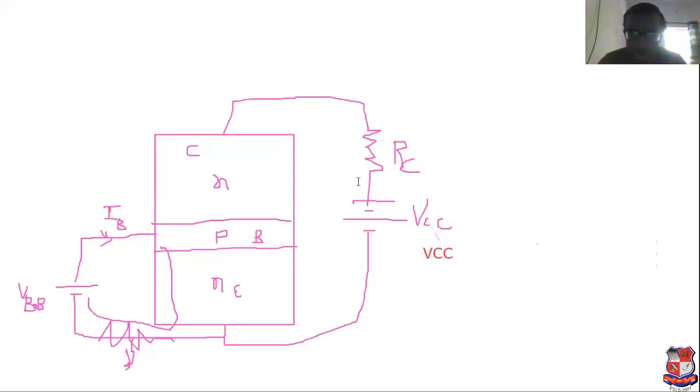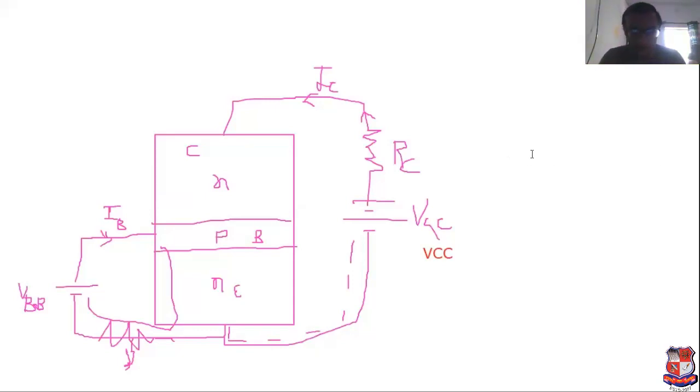Now, due to this battery, see this is the current, known as the IC current. Remember that point: whatever electrons are transferred, see this is the electron, they are transferred through the base via the emitter. Why? Because the emitter is common.